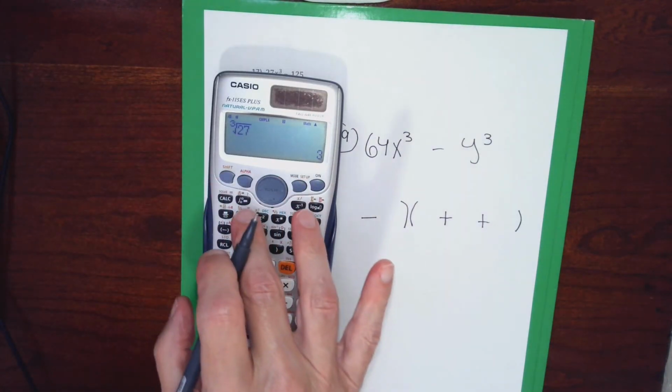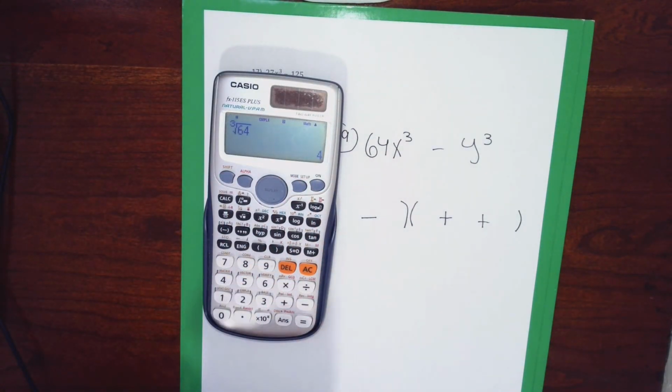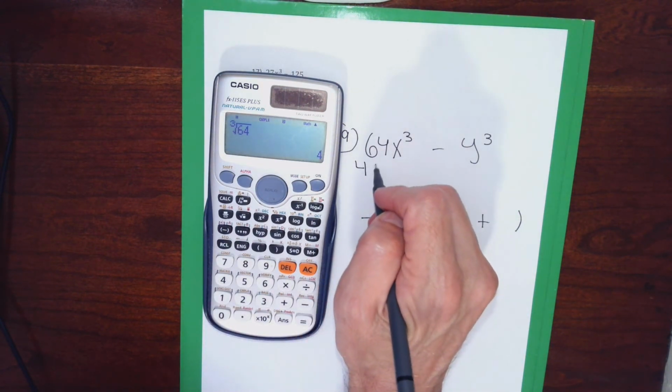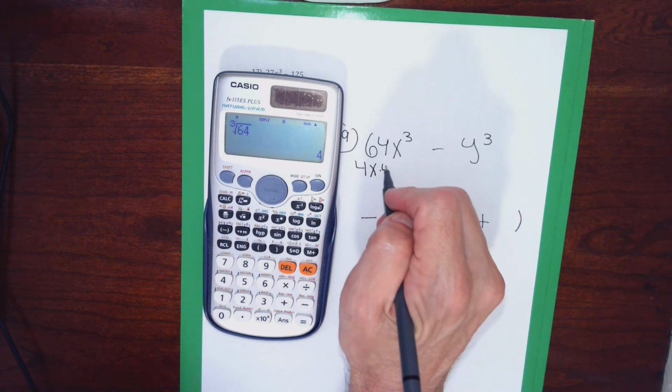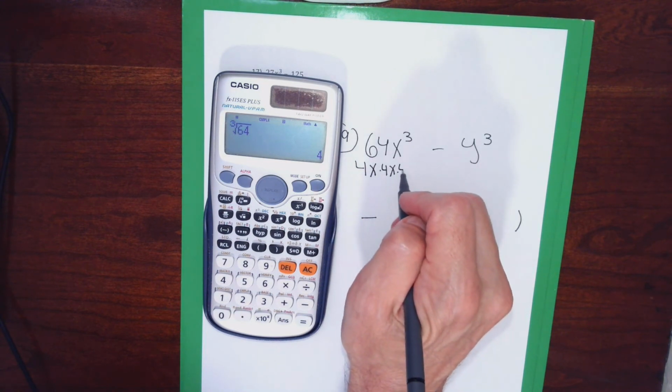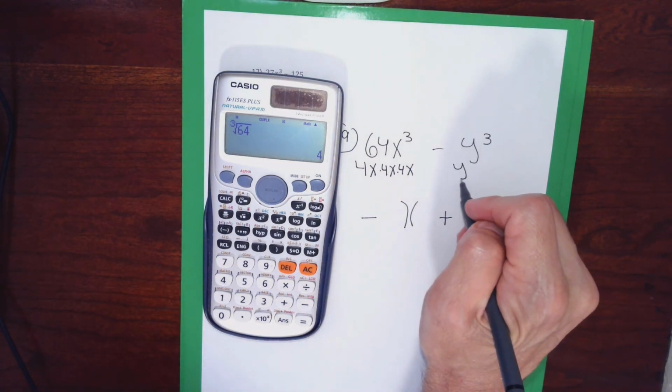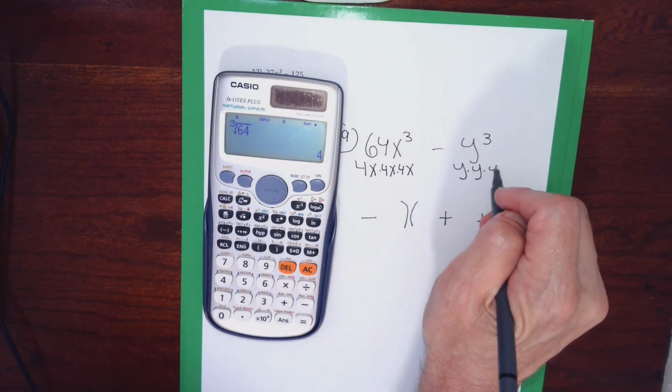I'm going to cube root the 64 and get 4. Divide the exponent of the x by 3 and get x. My first piece is 4x times 4x times 4x. My second piece is y times y times y.